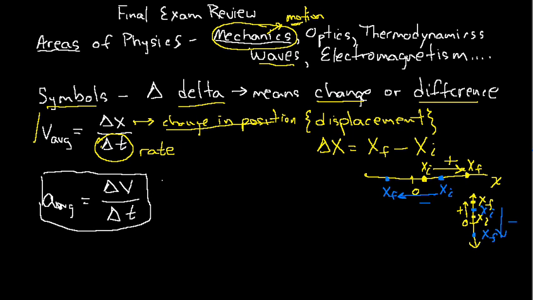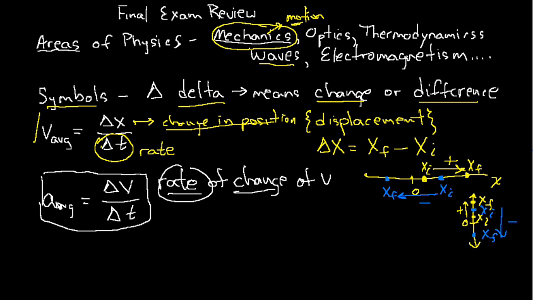Average acceleration is the rate of change of velocity. Rate is important. Anytime you're changing relative to time, it indicates a rate. So if you have a delta V over a delta T, it's a rate of change, and it's changing velocity. That's what acceleration is. It's a change in velocity.